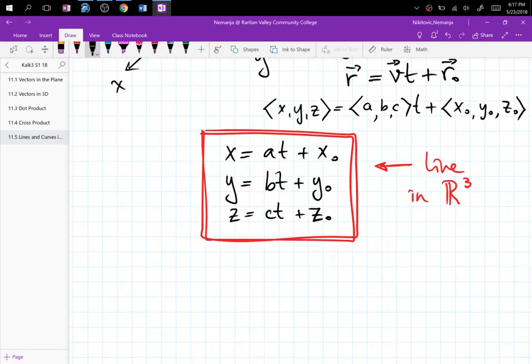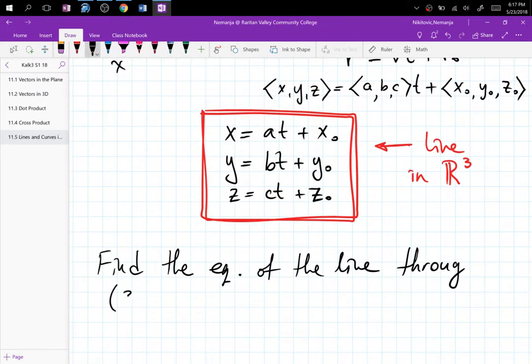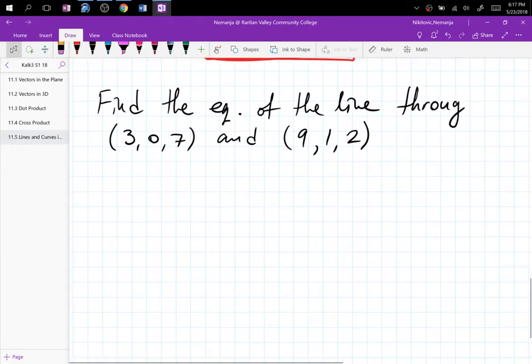Let's see. Find the equation of the line through 307 and 912, whatever. I am giving you 2 points in space, and I'm asking you to find the equation of the line.